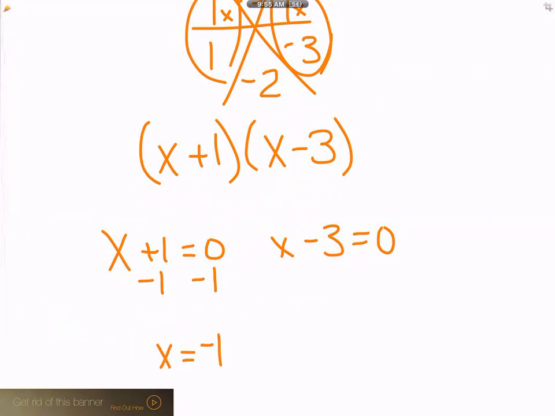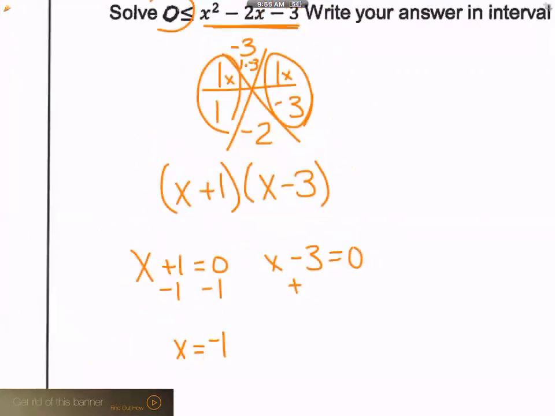We're going to have to do a little bit more work to get our final answers for these. We're going to deal with the inequality sign after we find these two numbers. So the equal signs are fine right now. So x equals 3. Here we found two x values.